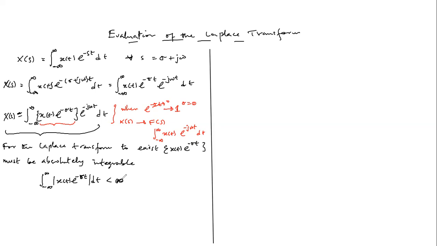So it must assume a value that is less than infinity. And you will observe here that for this integral to be finite, we will have to determine the values of sigma for which it is finite. So what are the values?